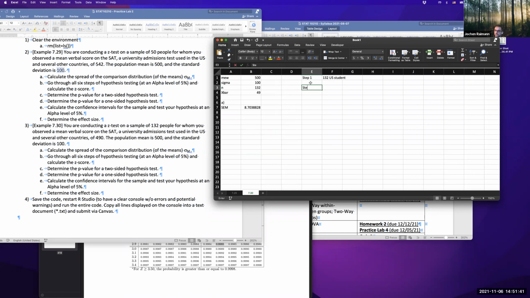So we're essentially in step 2, we're defining the null, which is the same as before. It's x bar equals mu. Alternative hypothesis is x bar is unequal to mu.